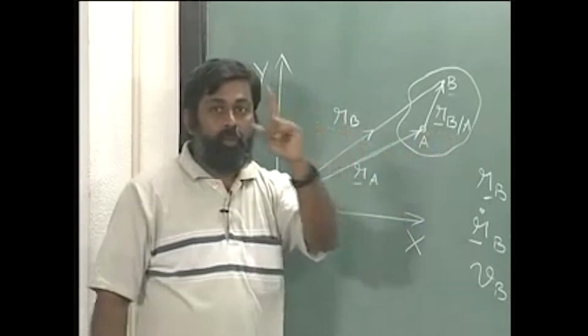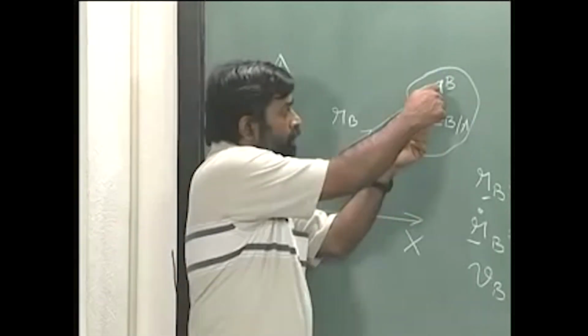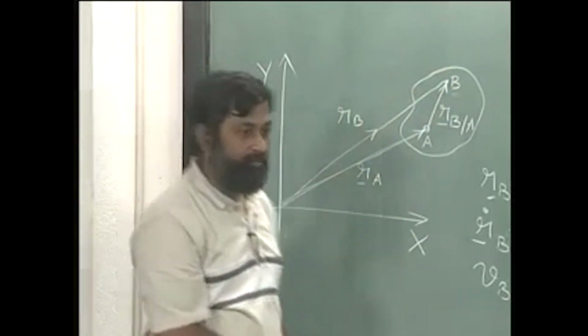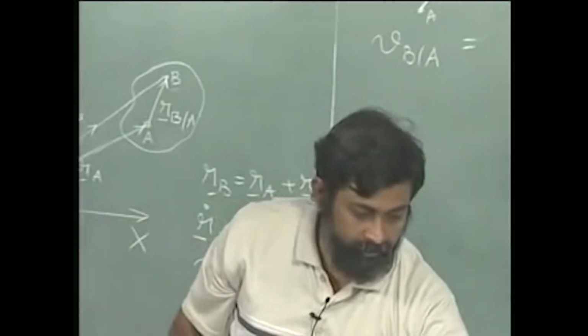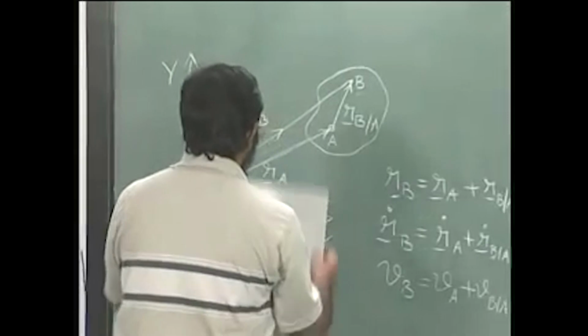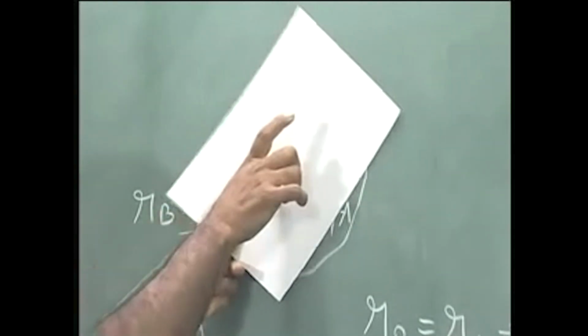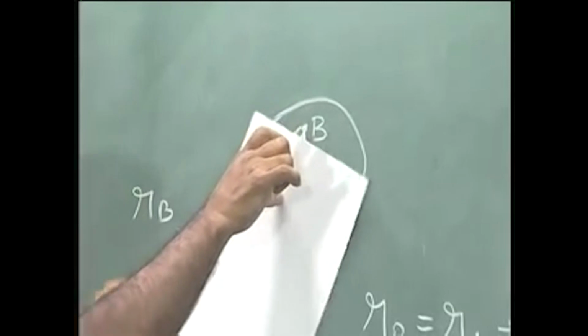Okay. One important observation here is how much is it changing. So, I have a body that is rotating, a rigid body that is rotating, and I have one point here, another point here, about A it is rotating.